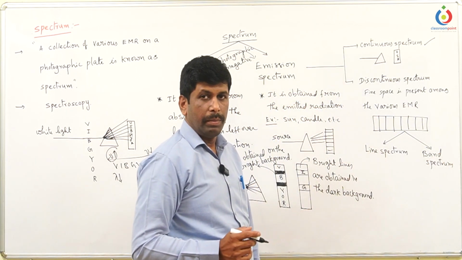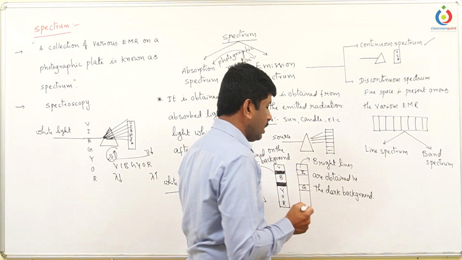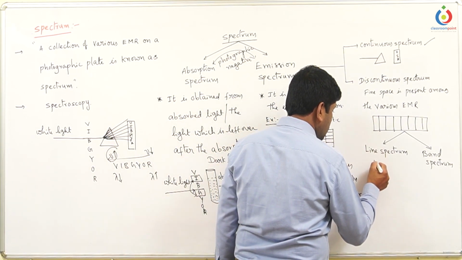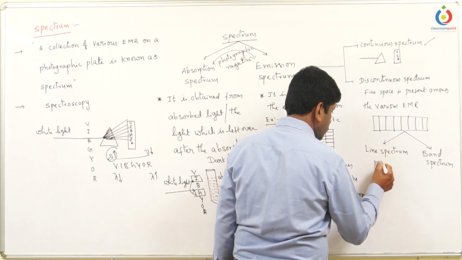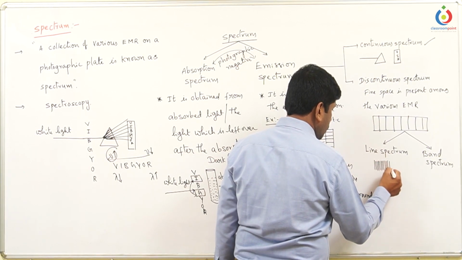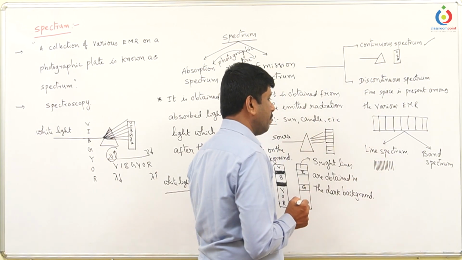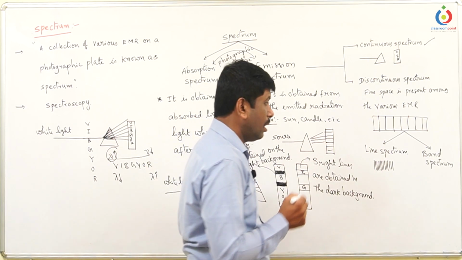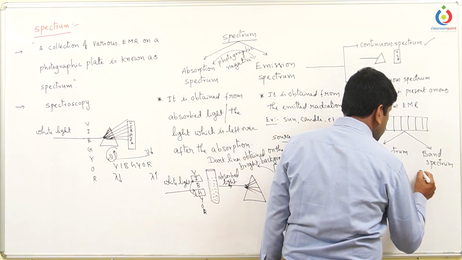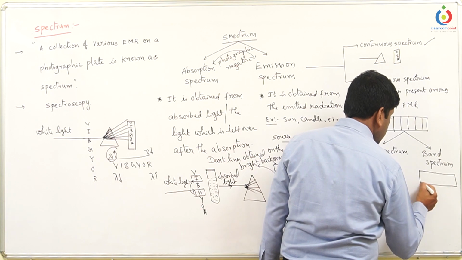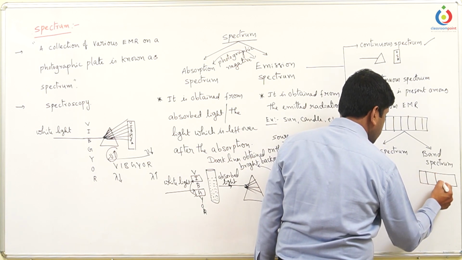Line spectrum means the spectral lines are obtained in the form of finely spaced lines. Such a type of spectrum is known as the line spectrum. In the case of the band spectrum, the spectral lines are obtained in the form of bands.